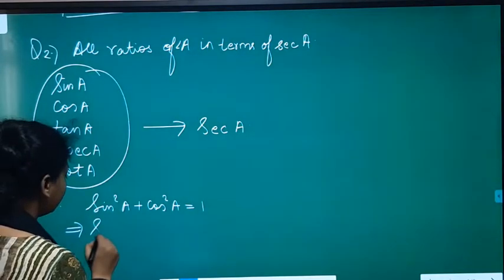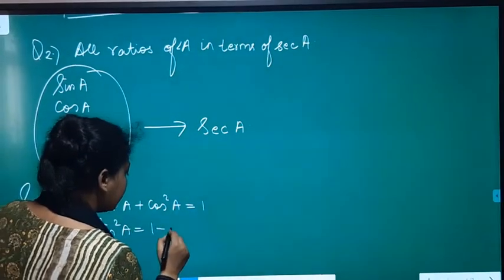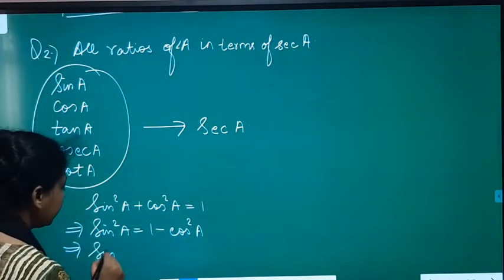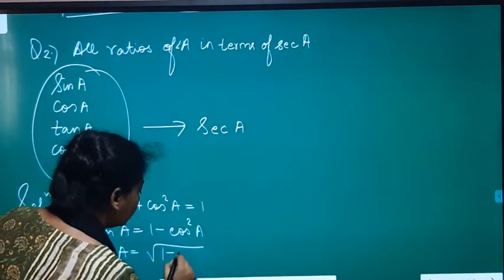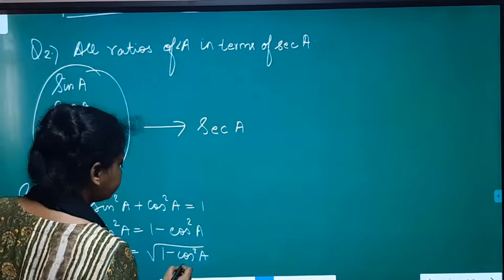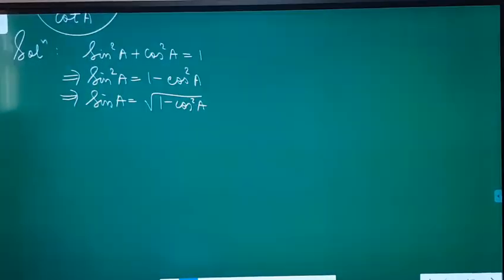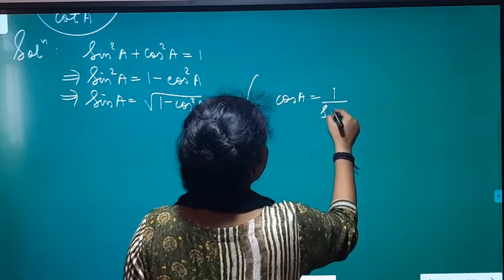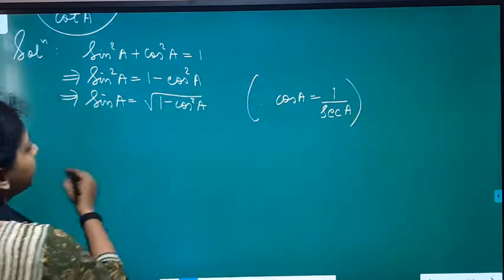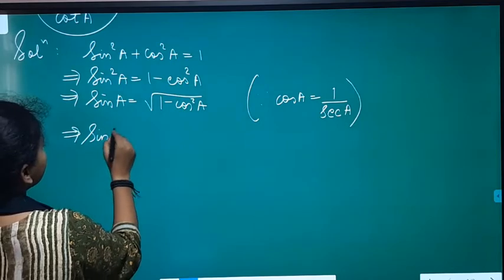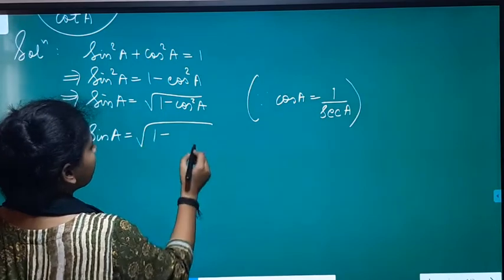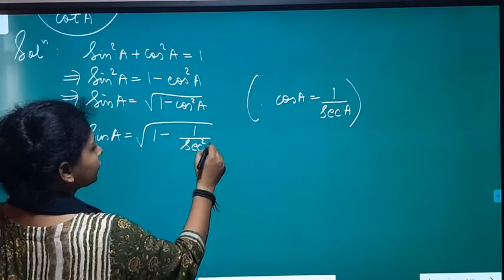So we can write the value of sin square A as 1 minus cos square A. Again, sin A will be equivalent to under root of 1 minus cos square A. And now we know the reciprocal of cos, because cos A can be written as 1 upon sec A. So from here, let us put this value as sin A equals to under root of 1 minus 1 upon sec square A.